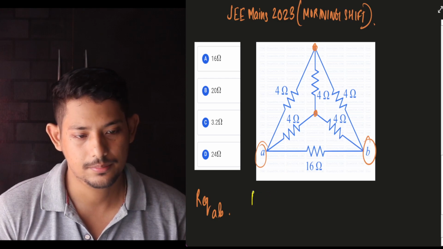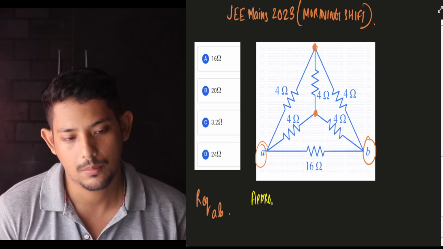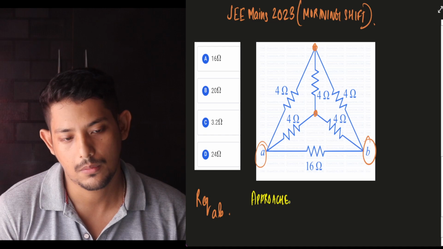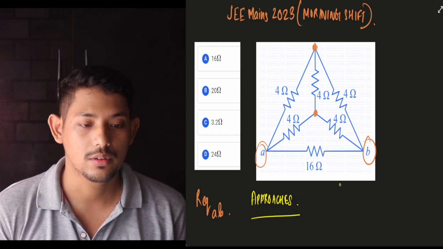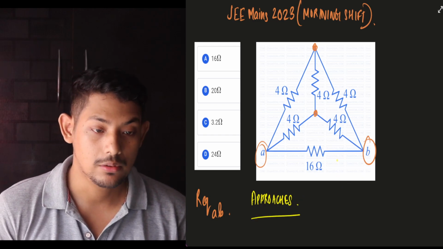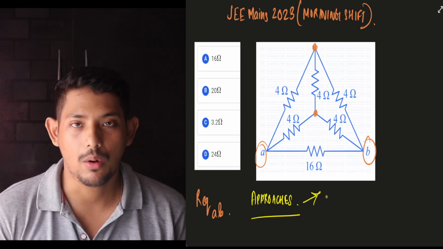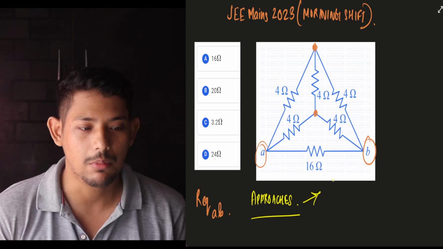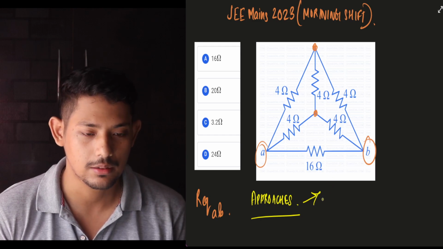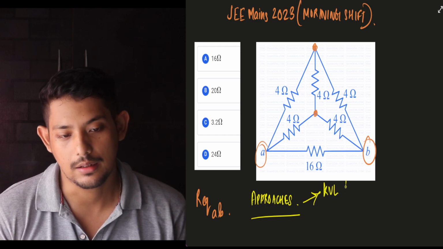What are the approaches that we are going to see through? Approach number one is one very easy and Brahmastra kind of principle that I have taught everyone: KVL and KCL.